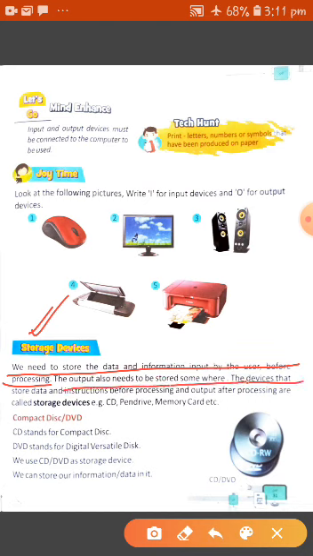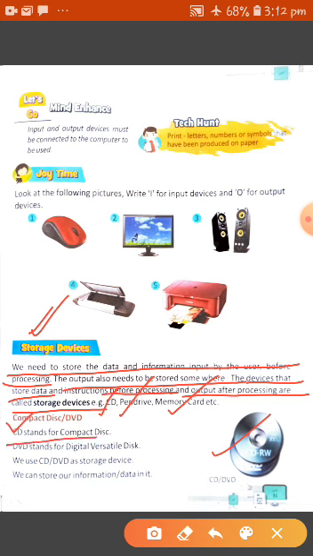The devices that store data and instructions before processing and output after processing are called storage devices. Some common examples are CD, pen drive, and memory card, and many more. Okay, talking about compact disc or DVD.